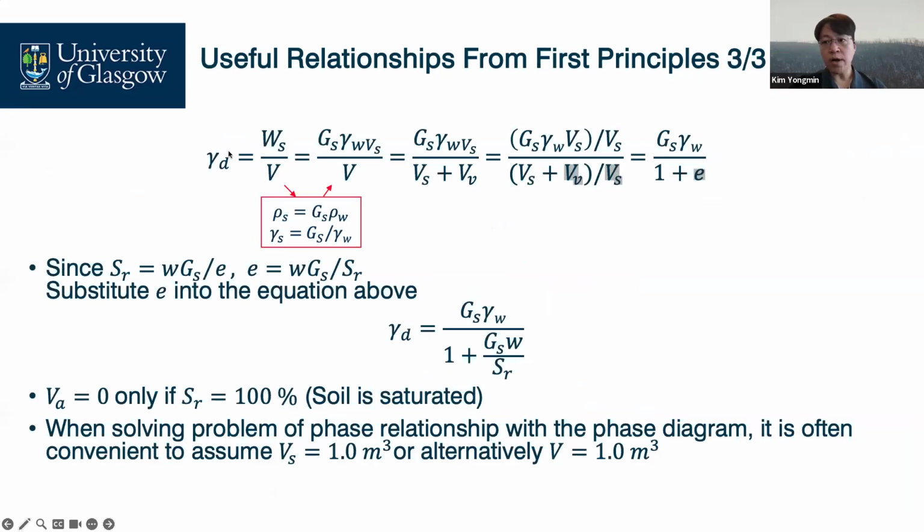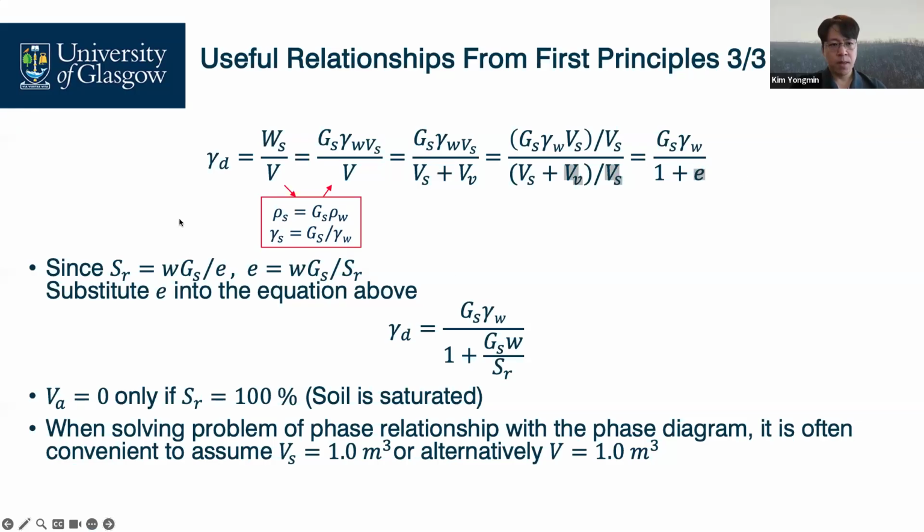From the dry unit weight definition, it can be expressed as weight of soil over total volume. Each term can be broken into specific terms, and we can get Gs gamma w over one plus void ratio.